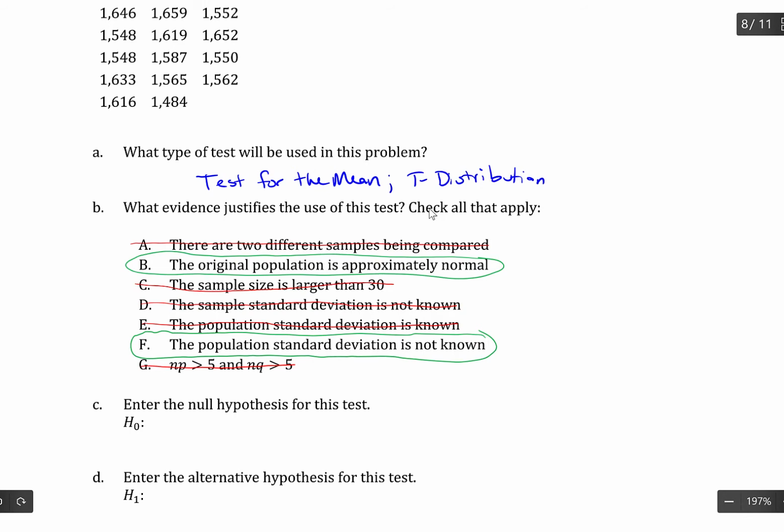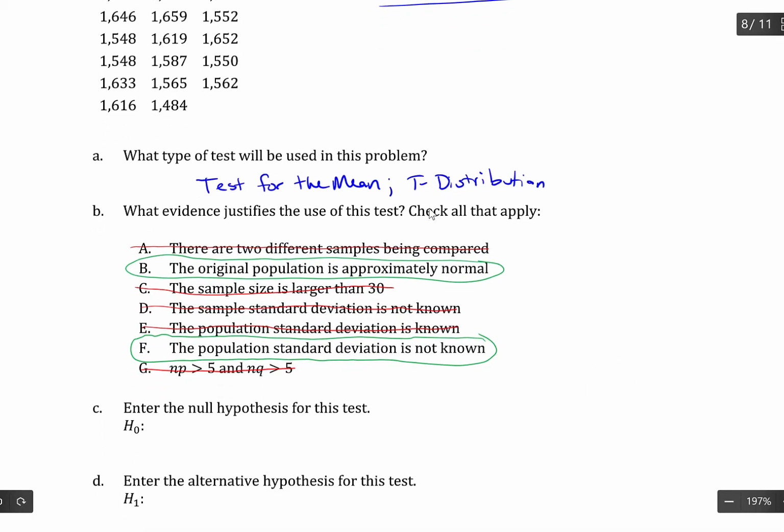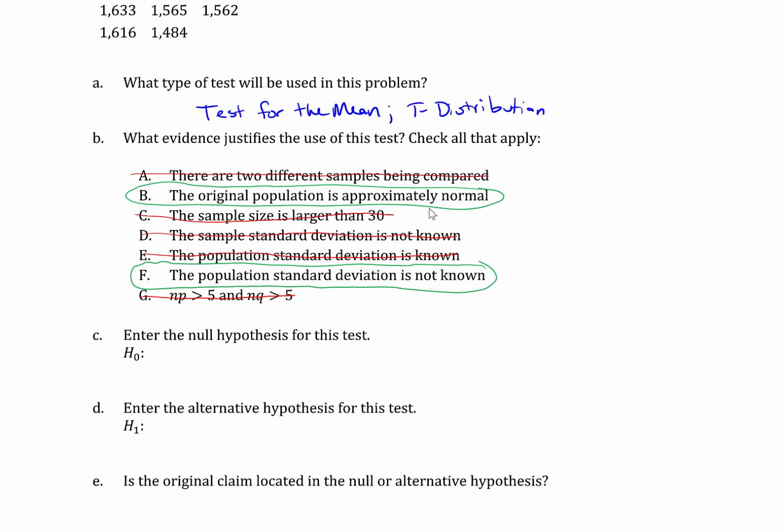All right, now we're ready to start our test. The first thing we need to do is take our claim and express it in the form of a hypothesis. To do that, we have to decide if it fits into the null hypothesis or the alternative hypothesis.